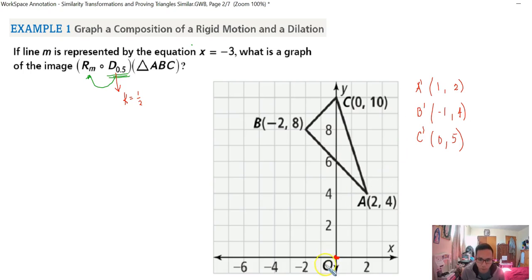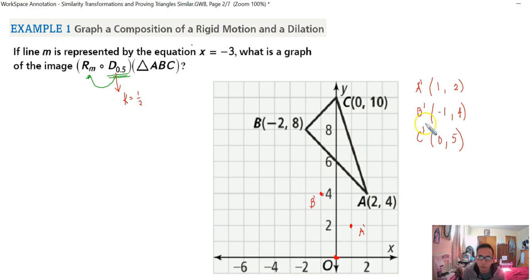So I'm going to graph that. I have 1, 2, and this is my A prime. Then B prime is -1, 4. This is my B prime.